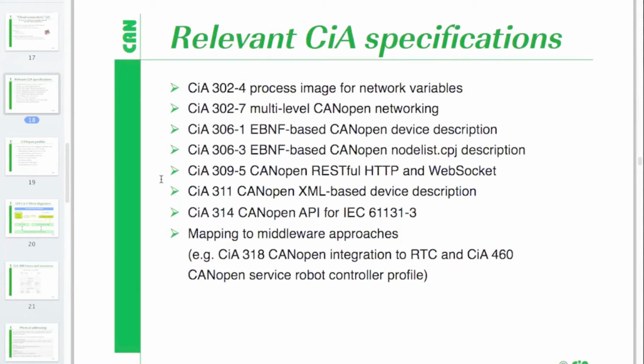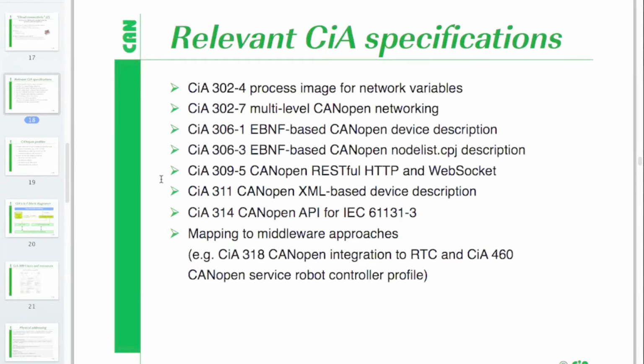Would you like this CANopen device, this CANopen FD device? But you don't need to be dependent on it. I provide the list of specifications you need to know, or at least look into, if you would like to design an IoT-based application.